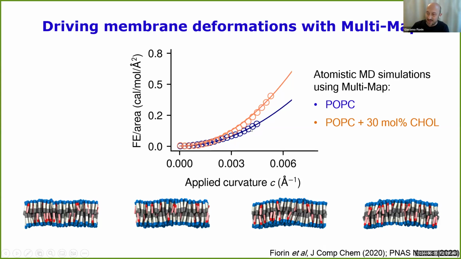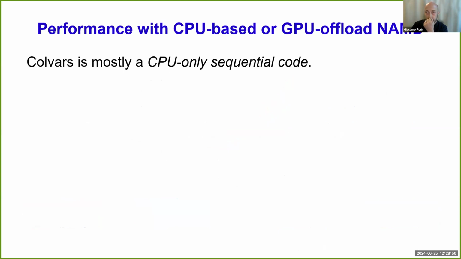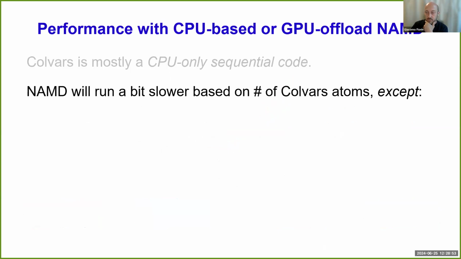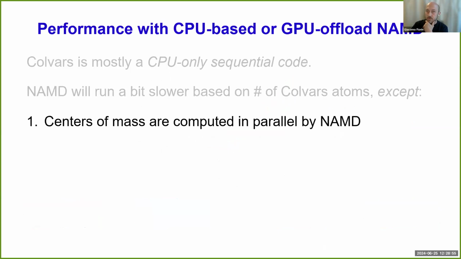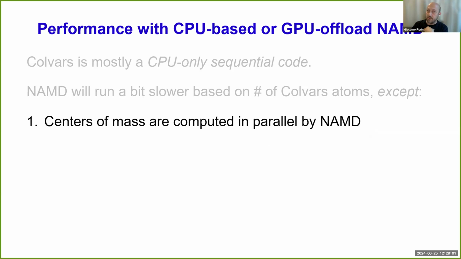This is something that Chris has mentioned at length. And another thing that I could mention, but go very quickly because Jerome already introduced concepts: Colvars is a CPU code, so the simulation will be slower, but there are some cases where you can eliminate that slowdown because the centers of mass are computed in parallel by NAMD.